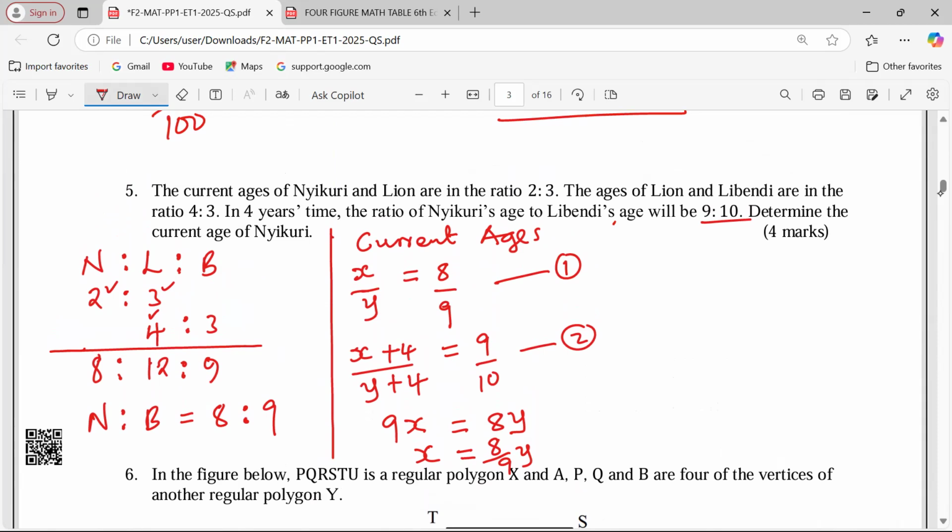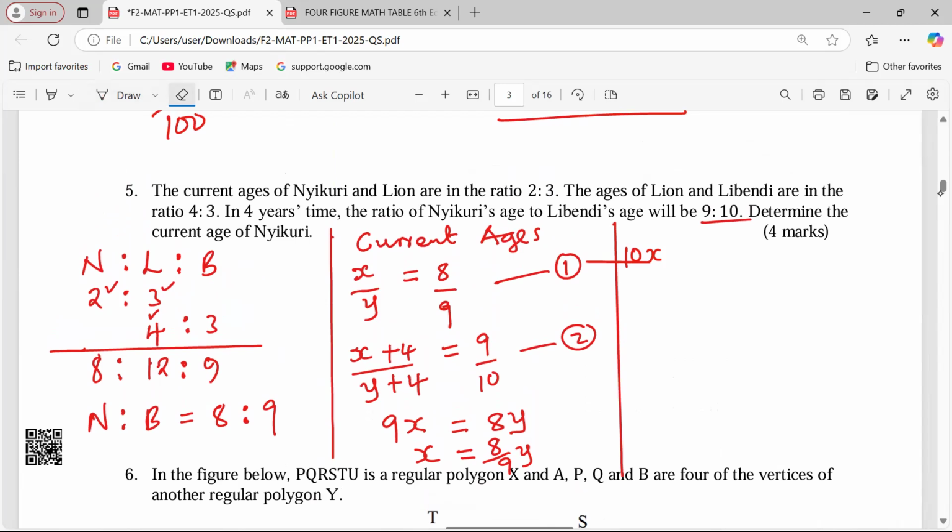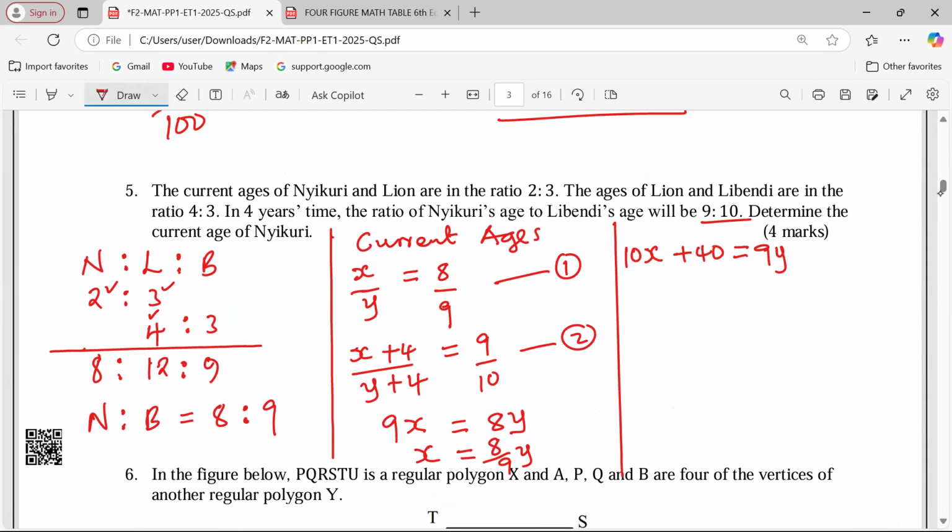Then from the second expression, after cross multiplication, 10X plus 40 equals 9Y plus 36.